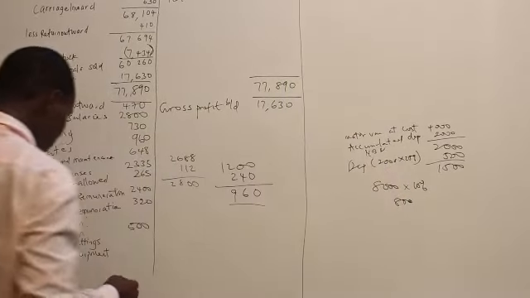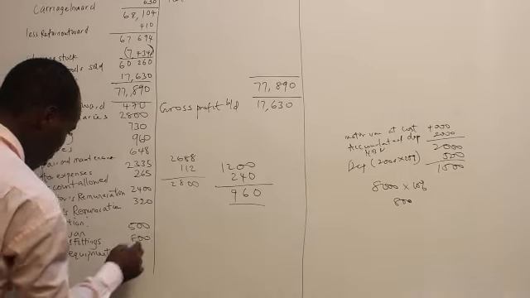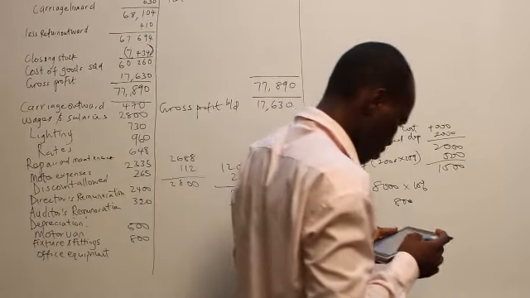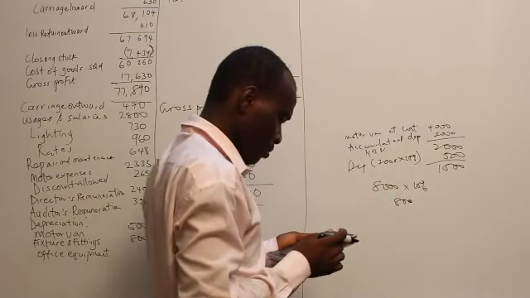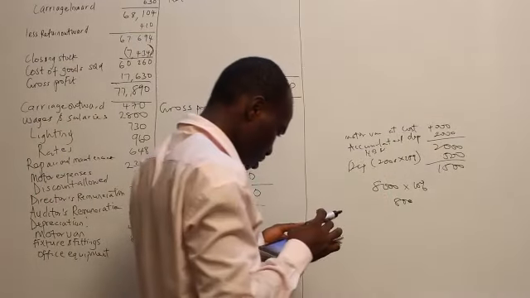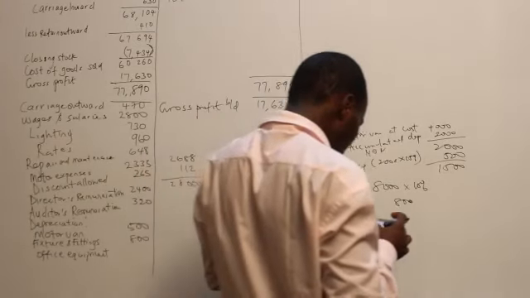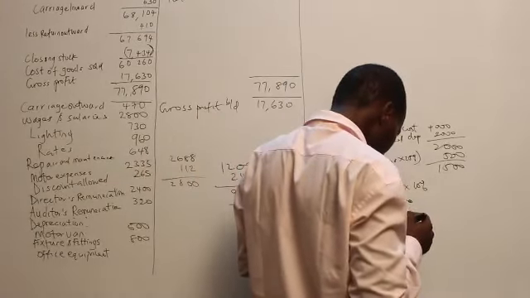So we have 800. Now the next thing we have is to provide for depreciation of office equipment, which is on cost.